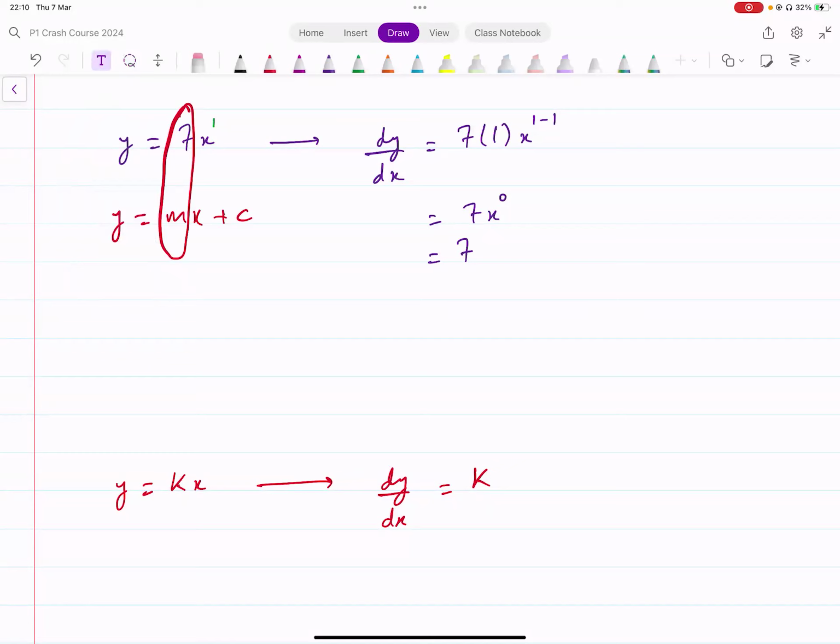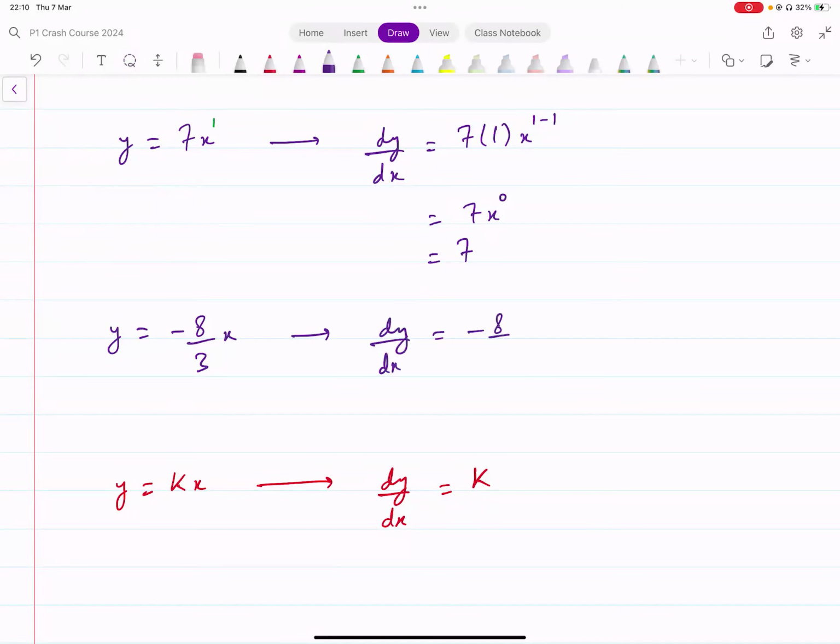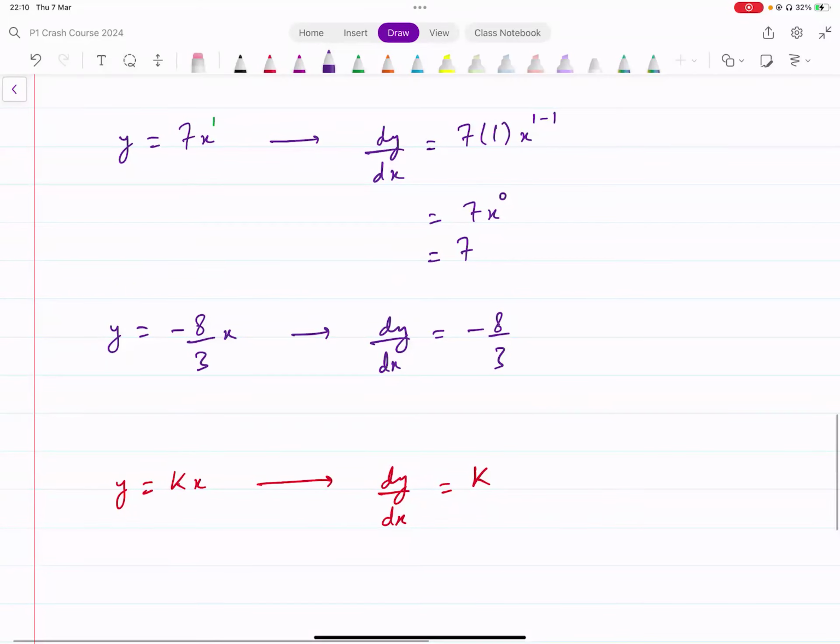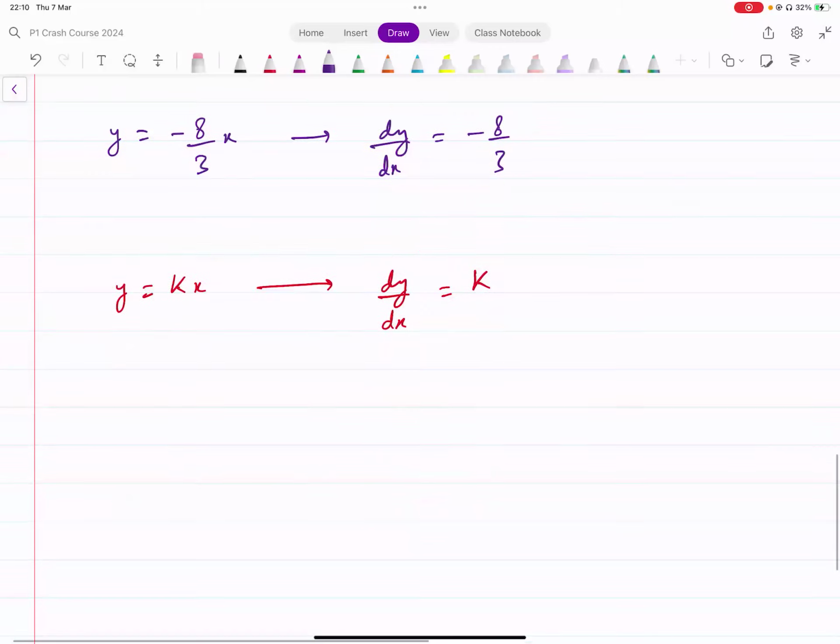So whenever you are differentiating something with x power 1, you can write it like this directly. If you had, for instance, y equals minus 8 over 3 times x, the derivative of that you can write directly as minus 8 over 3. So that's a general rule that you can remember. You just have x power 1, and the coefficient with that is going to be the derivative.